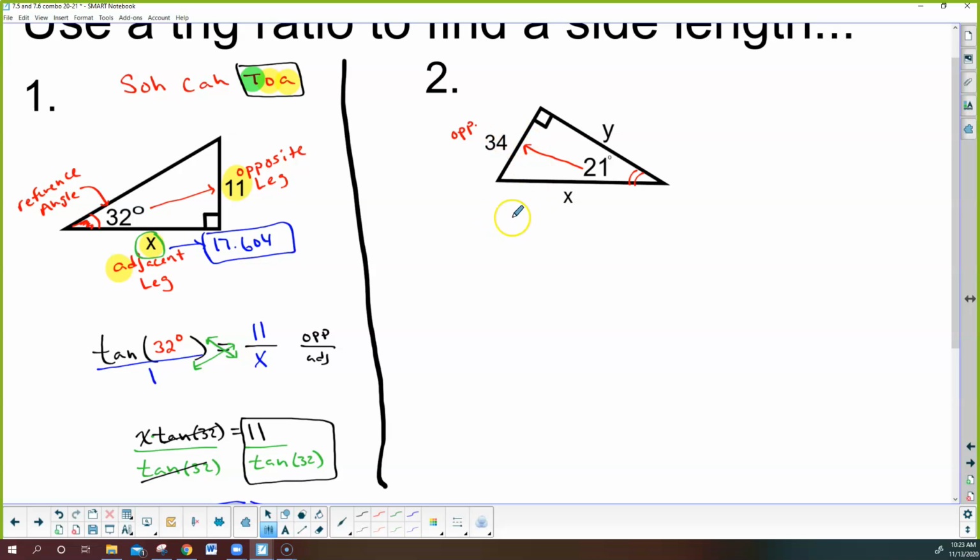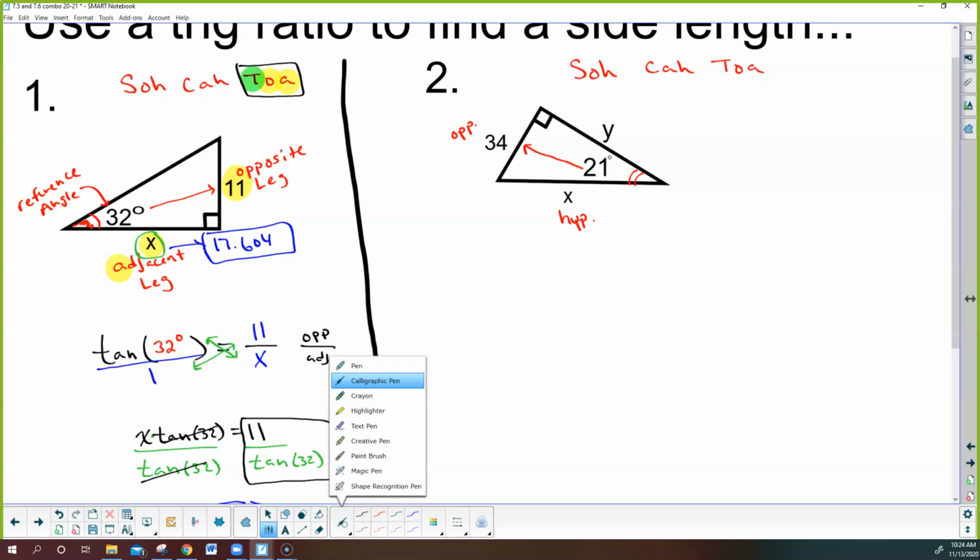Now we get to pick. Do you want to find y first or x? It doesn't matter. Let's find x first, just so we're all on the same page. What position is the x in? It's across from the 90-degree angle, so it's the hypotenuse. I write this for every problem that I do, so I don't ever forget it: SOH CAH TOA.